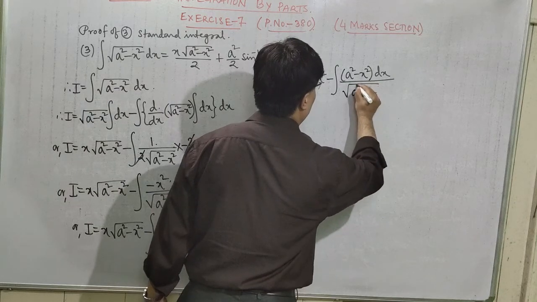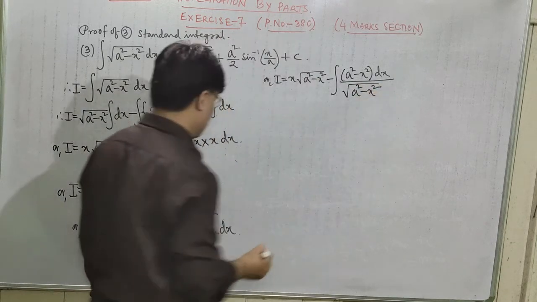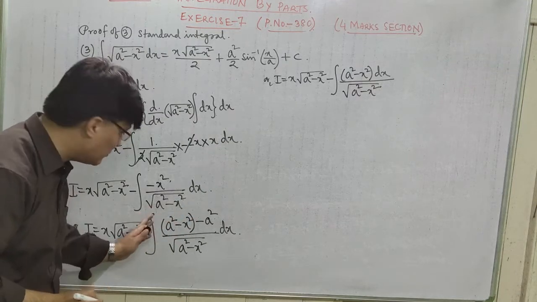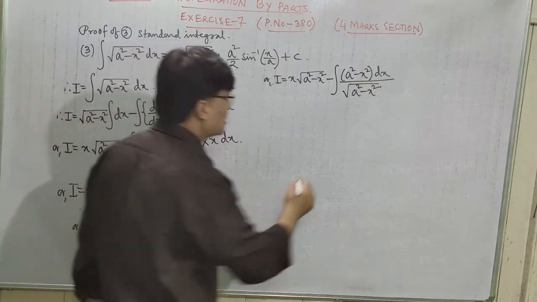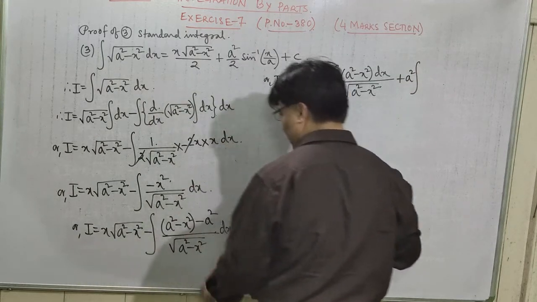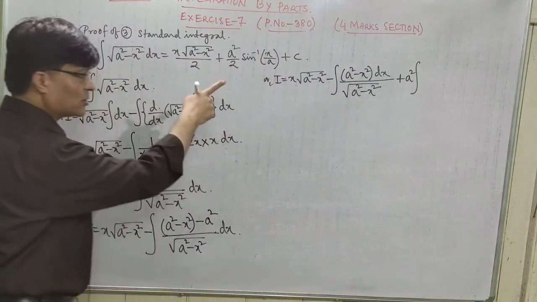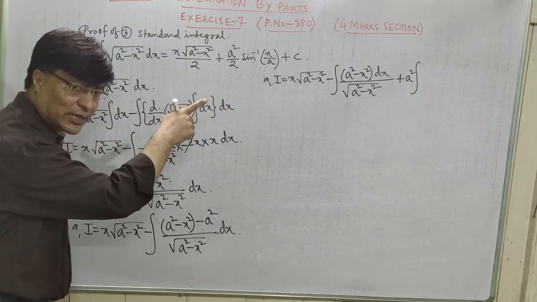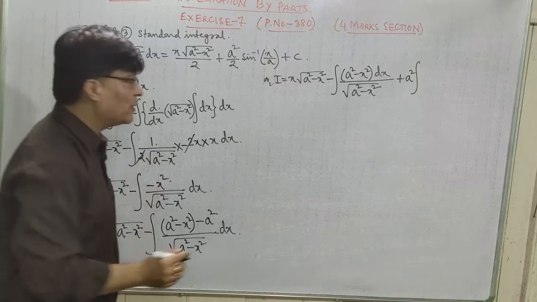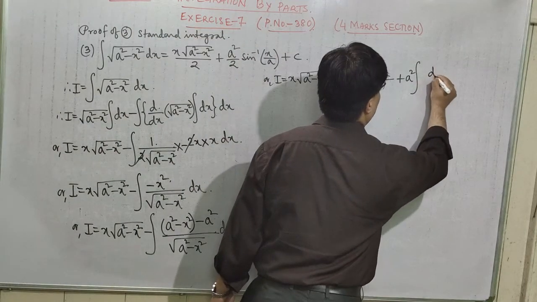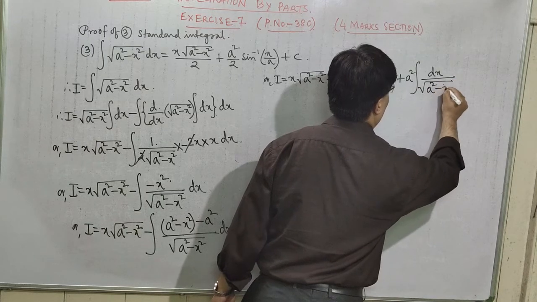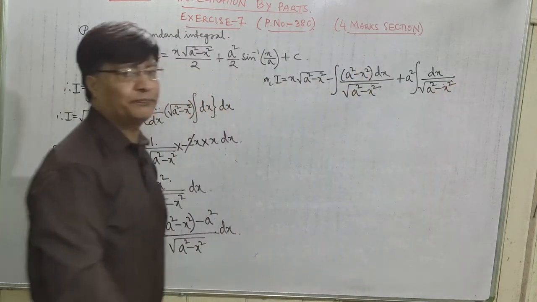It is root over a square minus x square. Is that clear? Then minus into minus is plus, you have to multiply it. Plus a square is constant, that's why it is taken outside the integral sign. Then you have to write dx divided by root over a square minus x square.